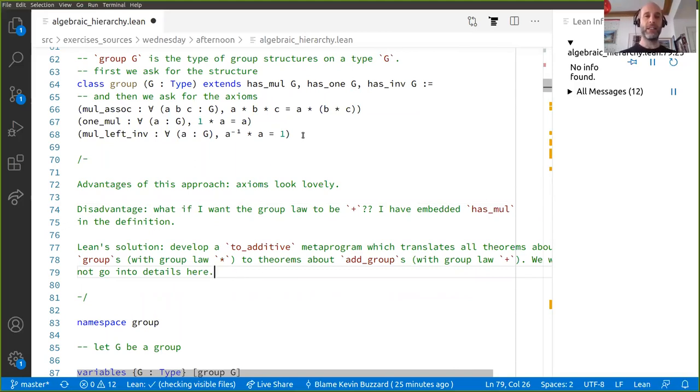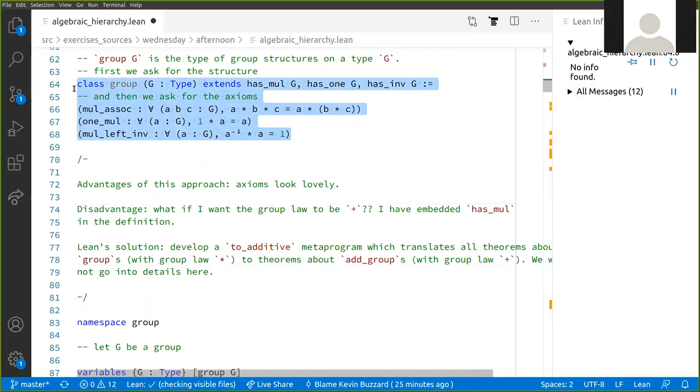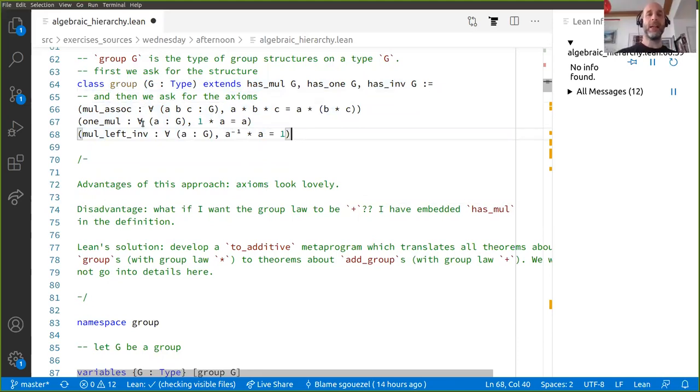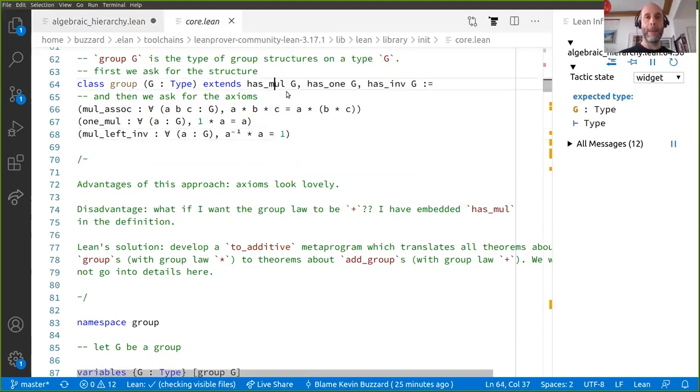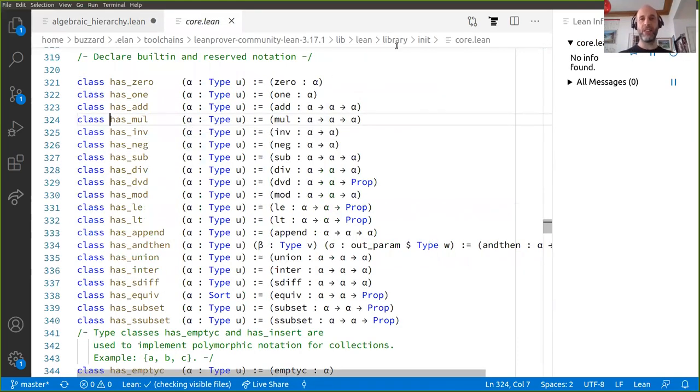So there's the definition of a group. In the definition of a group, where is Lean getting has mul and has one and has inv from? It obviously knows what they mean. Well, hasmul, if I right click on it, you can see, is right in the depths of the file core.lean. We've got a hasmul class.